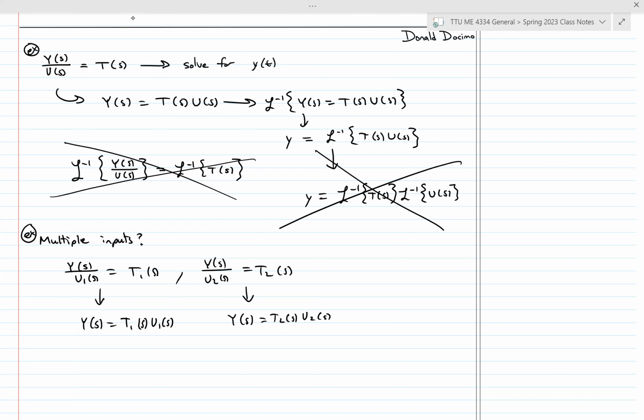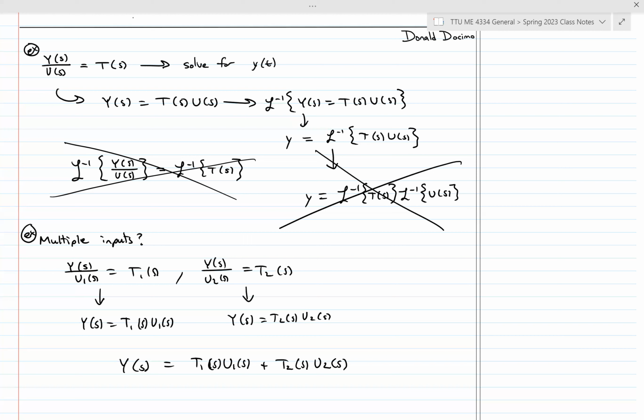They're not necessarily going to end up being the same thing here. I'm looking for the total response. Maybe that's a hint. You add them? Exactly, right? The total y of s would be T1 times u1 plus T2 u2.